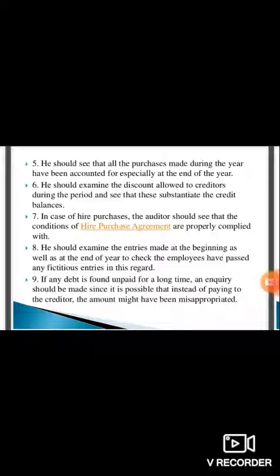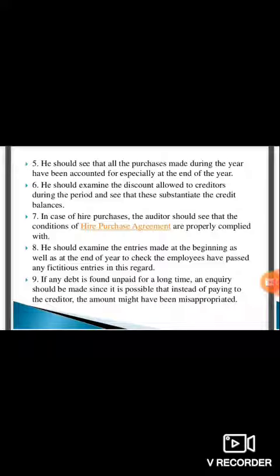So he should also verify those things when companies are paying creditors. These things can be known through the bank statements in which they have made payments.